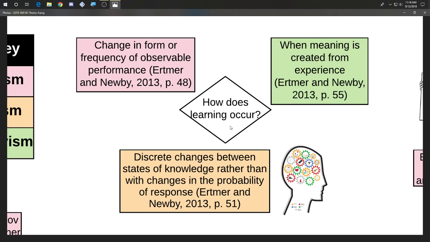Now, cognitivism, we're more interested in the cognitive process, being able to organize ideas, being able to sequence ideas, being able to understand a specific process, and also, potentially most importantly, we need to learn how we ourselves learn and take in information.